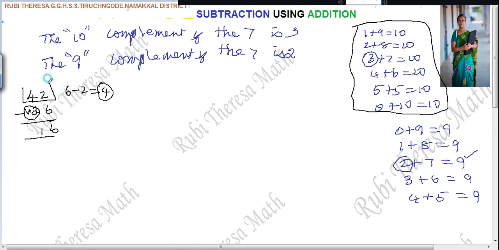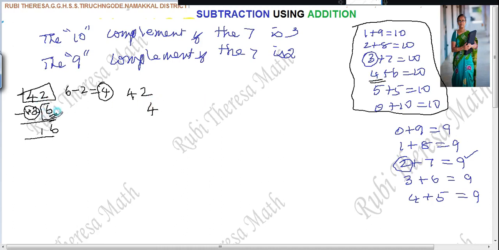Subtraction using addition. Write the first number as it is: 42. Actually, what is given here? 6. For the unit place alone, what you have to write is the 10 complement. So 6 means, what is the complement of 6? 4.